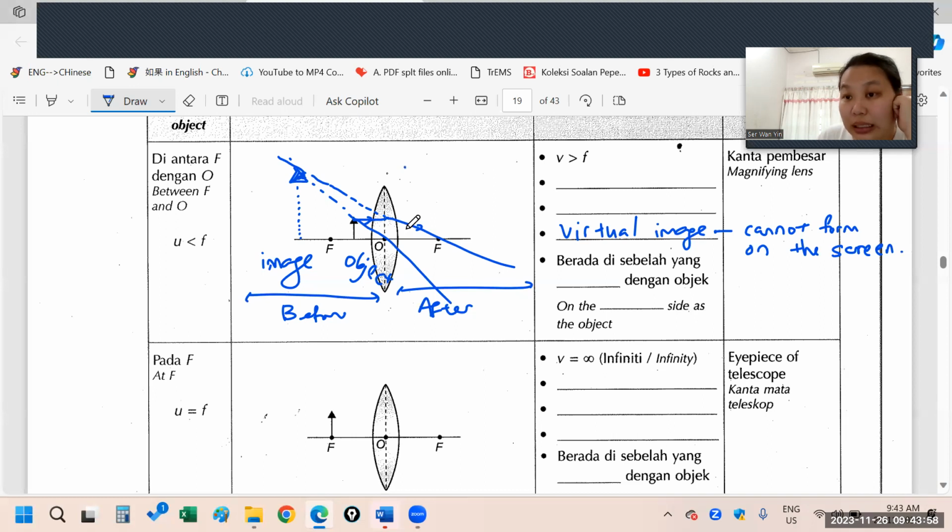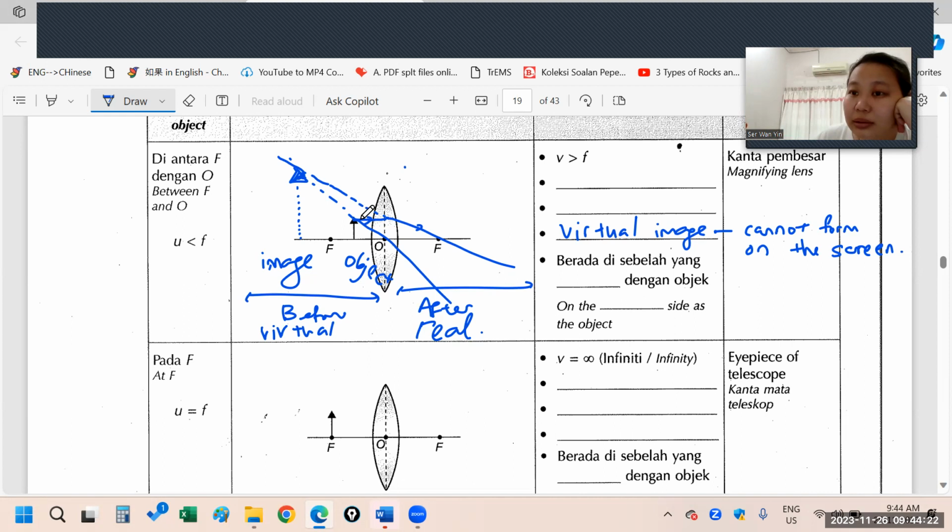If the image is formed after the lens, it is real. But now you see the light forms in front, before the lens, so it's virtual. It means we cannot project it on a screen like a projector. We can only see it inside the lens.